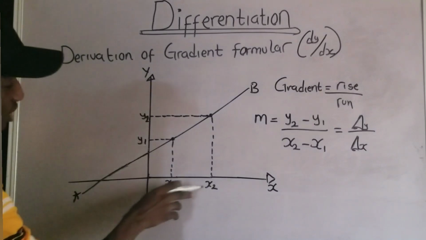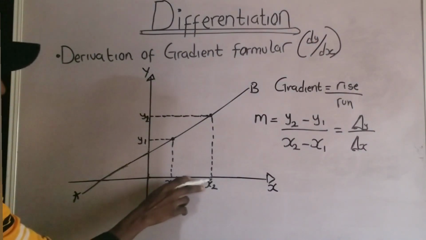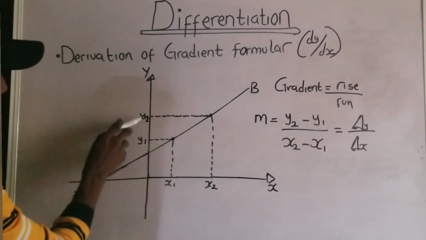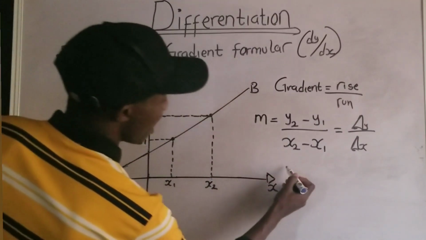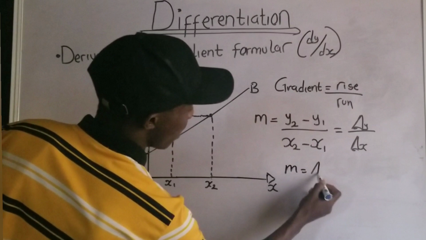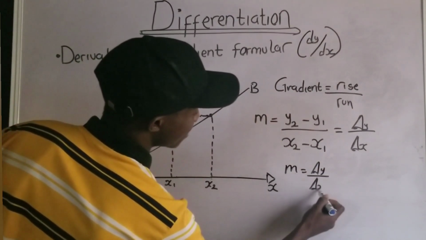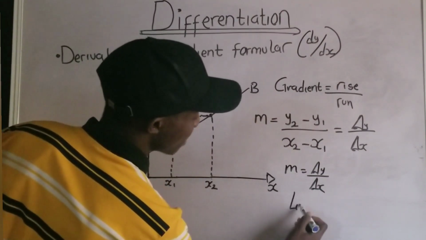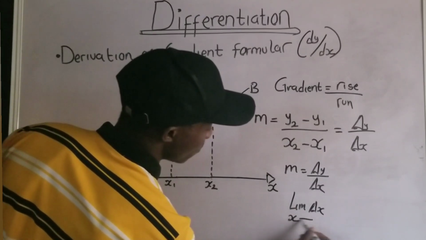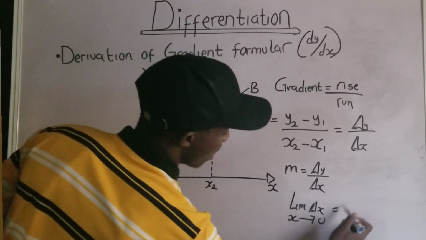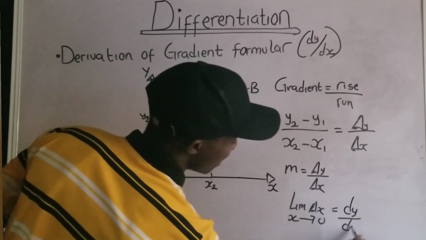That is the gradient. Now when we have m equals delta y all over delta x, anytime we take the limit as delta x tends to 0, we are going to have dy all over dx.